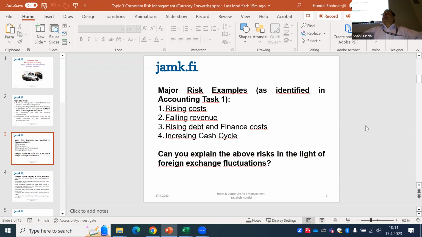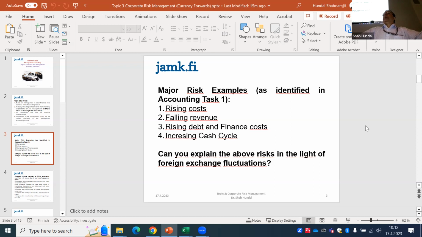Falling revenue: most of the output used to go to Canada, and now the Canadian companies don't want to buy much, or the Canadian dollar has become cheaper vis-a-vis the euro. Things like these can disturb your cash flows.